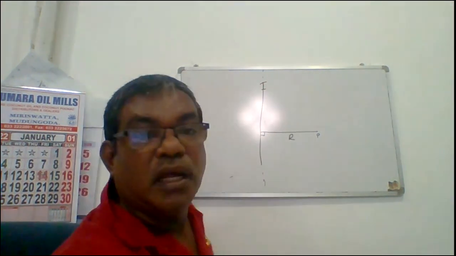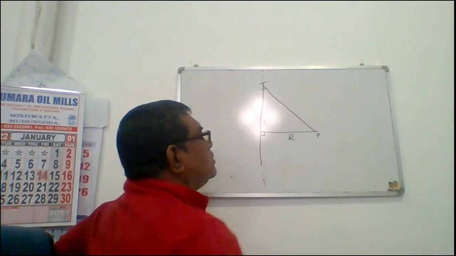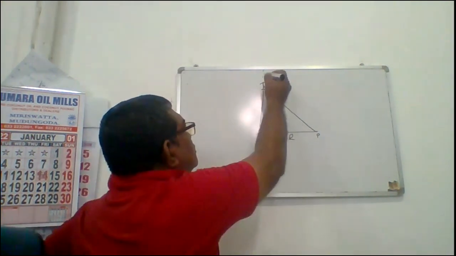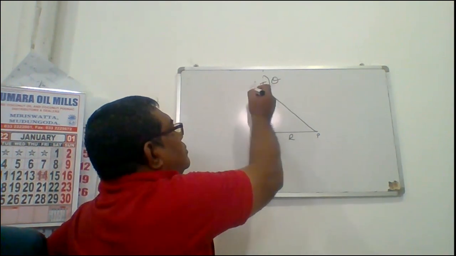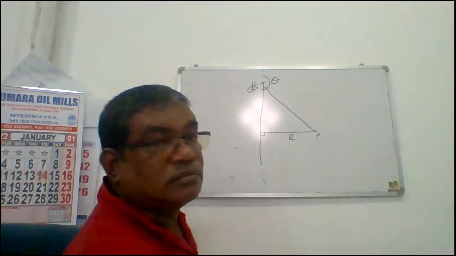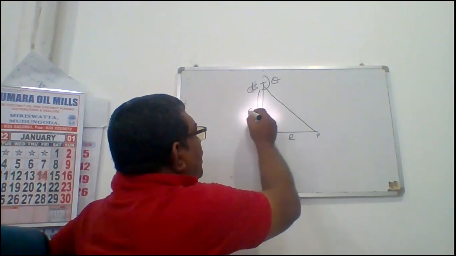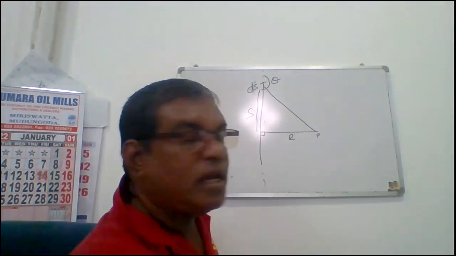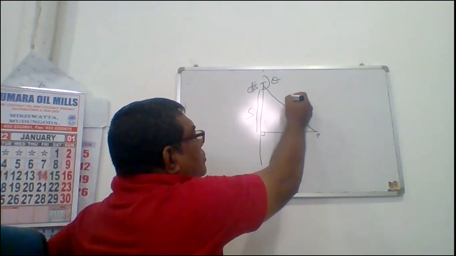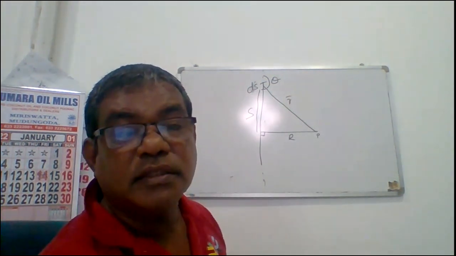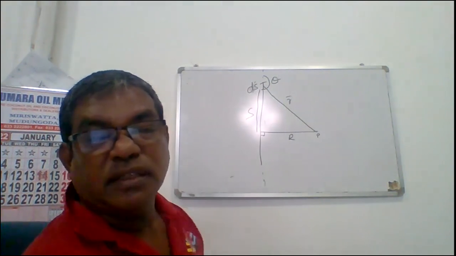The perpendicular distance to the point is s, and r is the distance vector from the ds element to the point P.